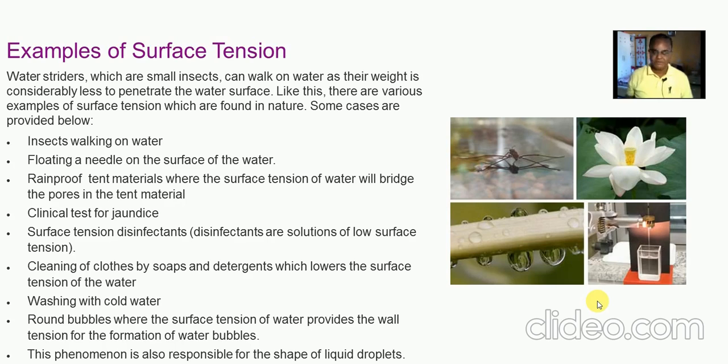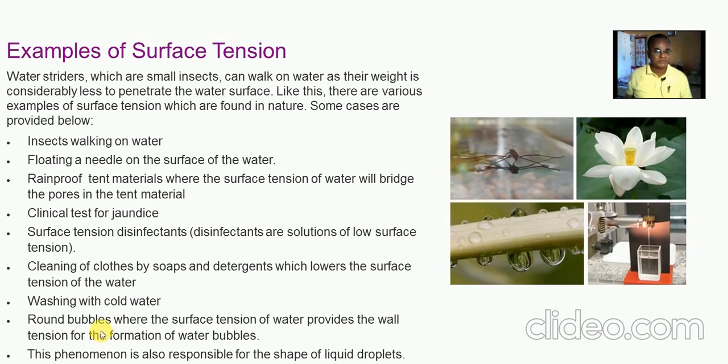While cleaning clothes, soaps and detergent powder lower the surface tension of the water. Washing with cold water and washing with hot water are examples too: when we use hot water, surface tension gets reduced.